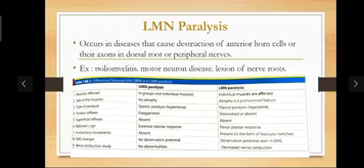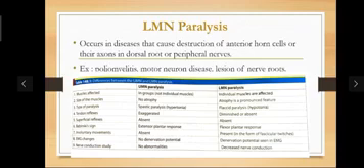Lower motor neuron paralysis occurs in diseases that cause destruction of anterior horn cells or their axons in the ventral root or peripheral nerves. Examples are any motor neuron disease, that is lesion or damage to the alpha motor neurons, and the most common example is post poliomyelitis, motor neuron disease, and lesion of motor nerve roots.